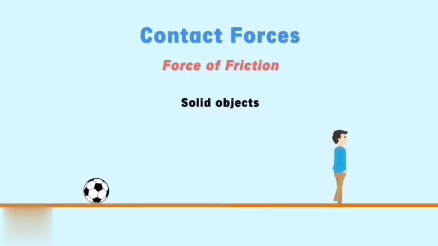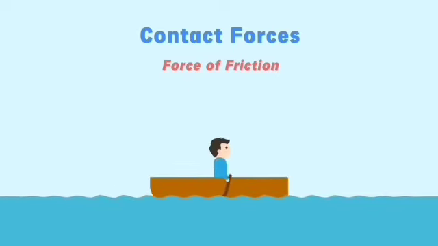Now consider a boat moving in a quiet lake. In order for this boat to move, the person in the boat must continuously row it. Now, if he stops rowing, will the boat move forward?